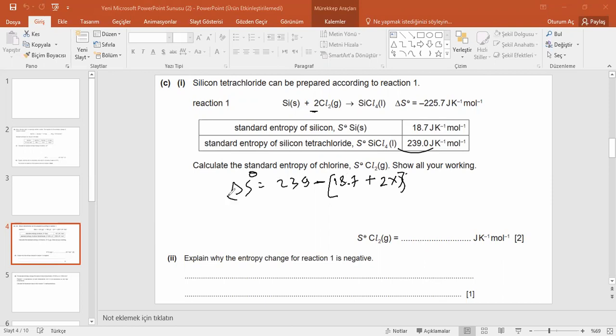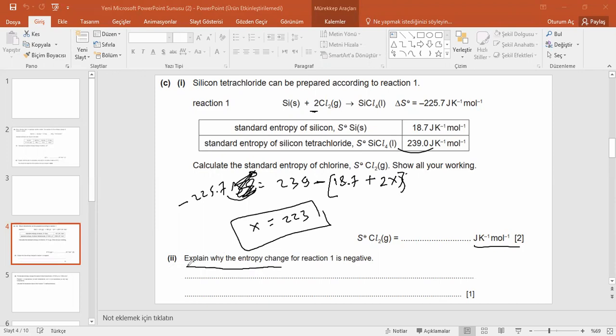And delta S is already given for us, so instead of this I would write minus 225.7. After doing the calculations, you end up with X equal to 223, and the unit is given here.